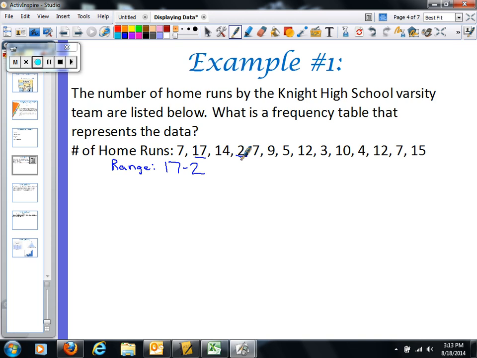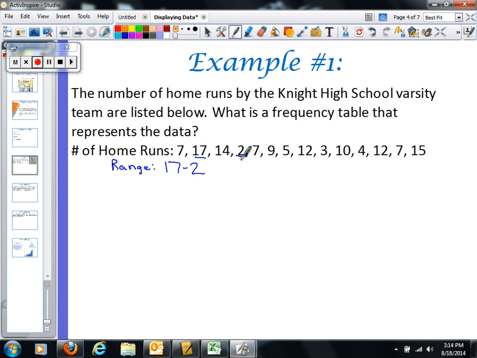So what we're going to do is that there are 16 possible outcomes.